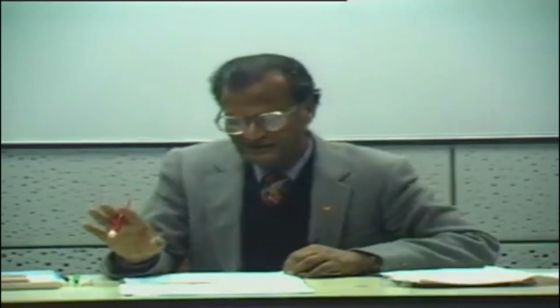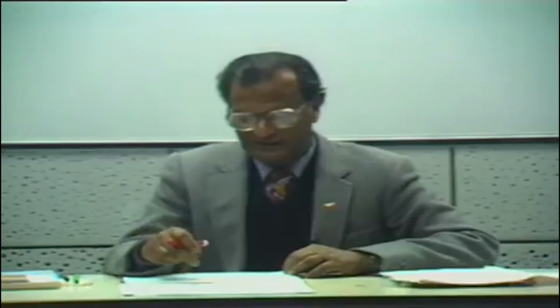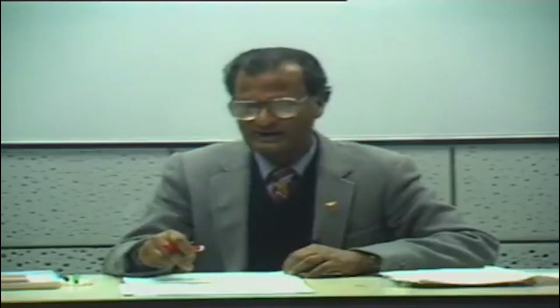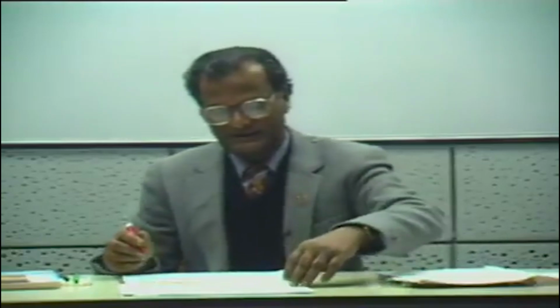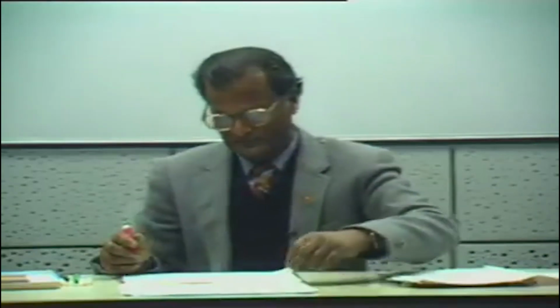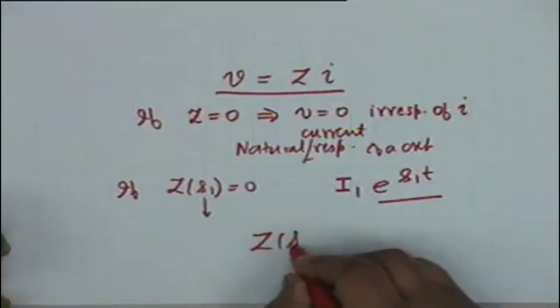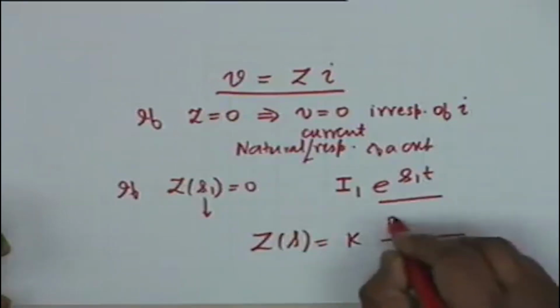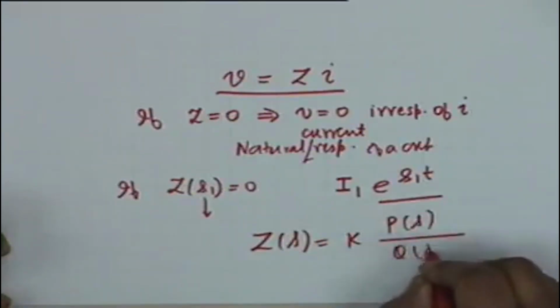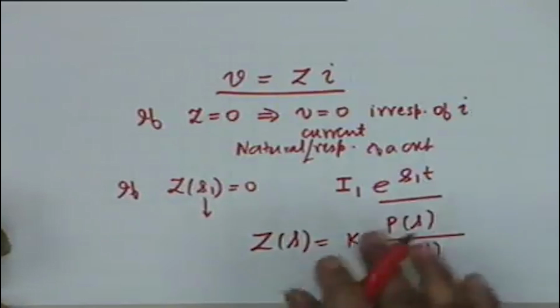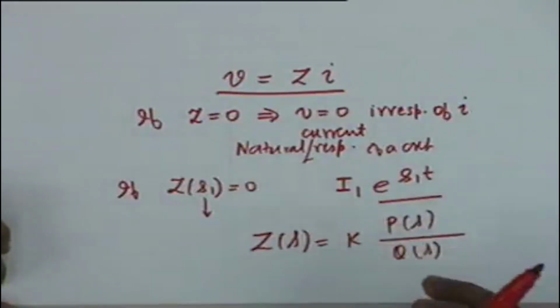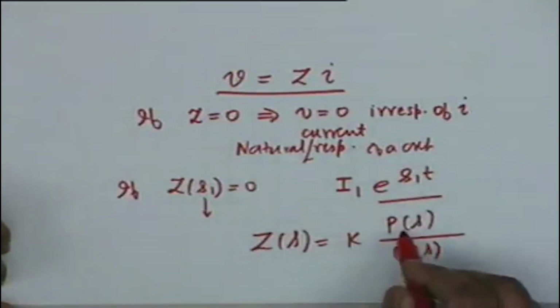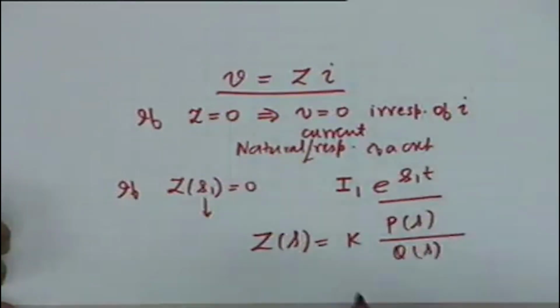Once we calculate that, then the parameters of the impedance are this constant K and the coefficients of P and Q. Alternatively, we said that P and Q, let them be factored out.